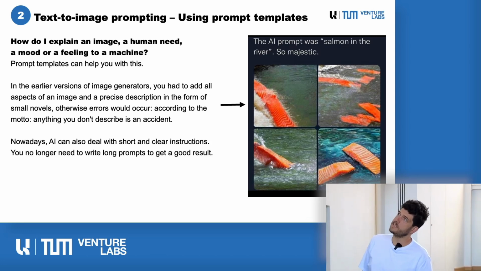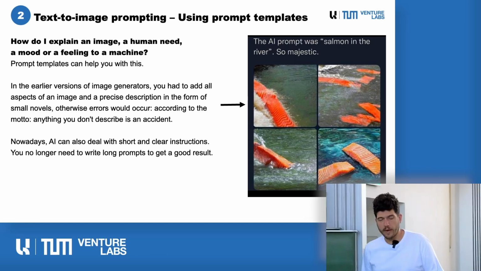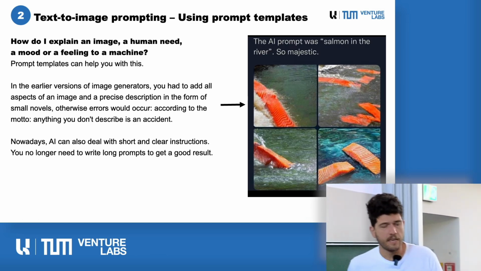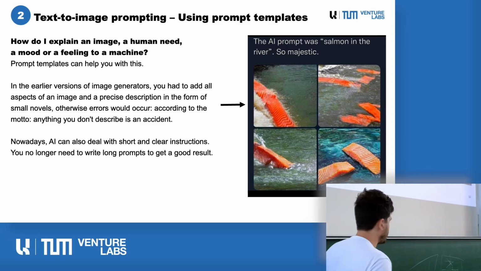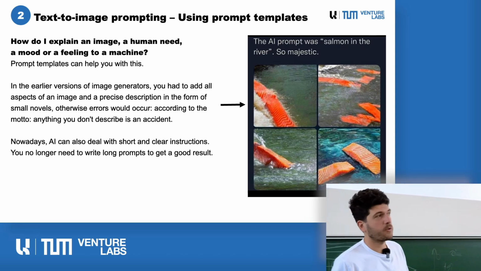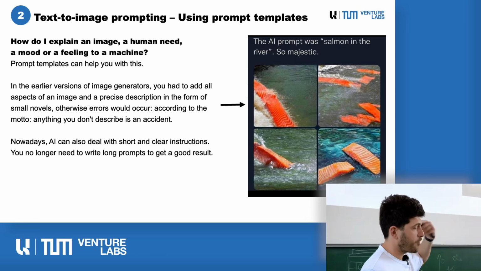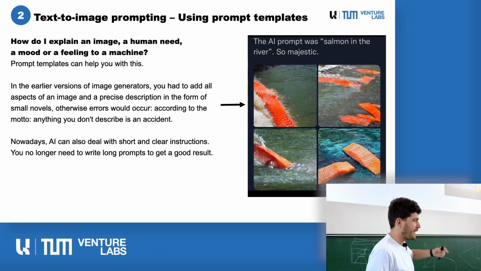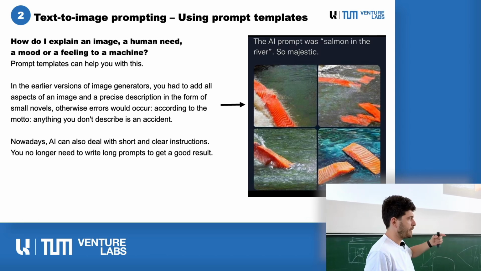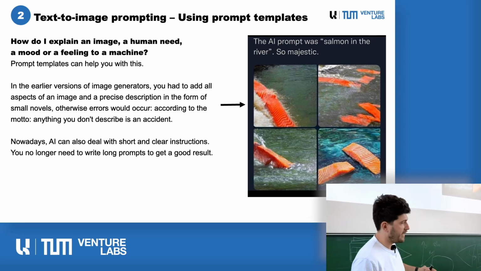As we write here, nowadays AI can do way better with shorter instructions. The reason for that is, first, the image generation got better. Second of all, the weights and biases got improved. So they probably learned that when you say salmon, you're most likely interested in the fish and not in the fillet.